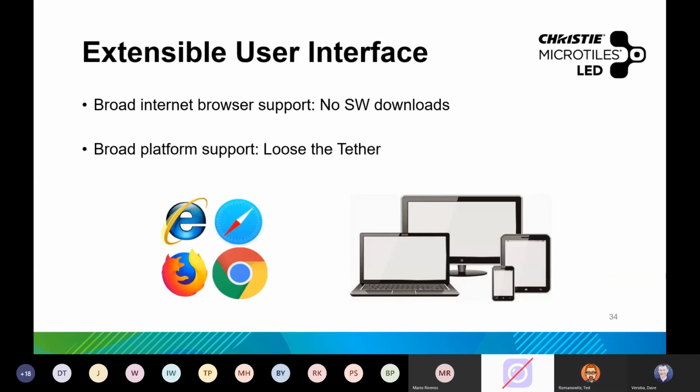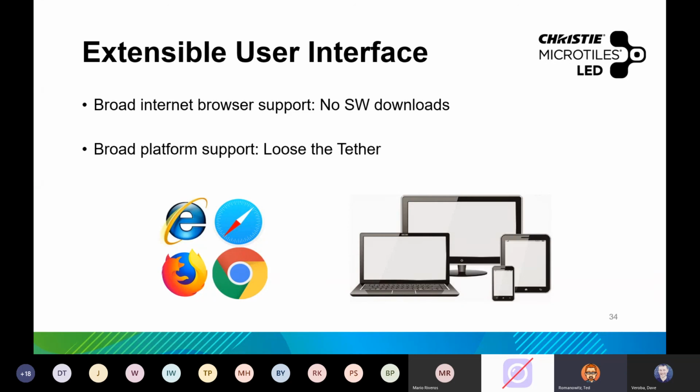The flexibility: the elimination of the sneaker net. Having to actually walk to the wall, where you have to download software to a PC platform, has now been eliminated.